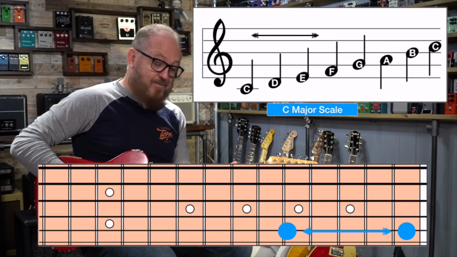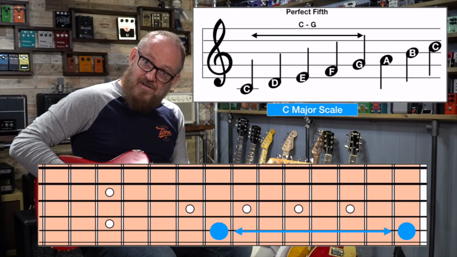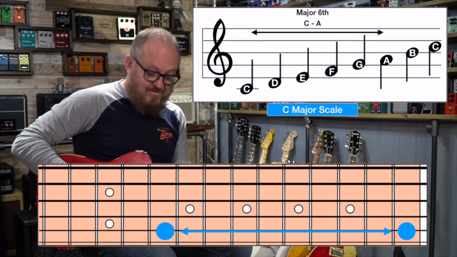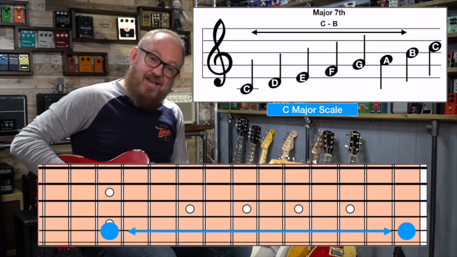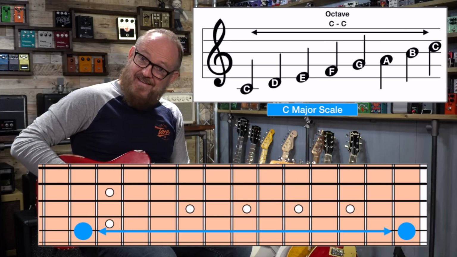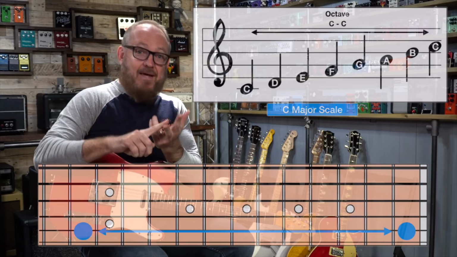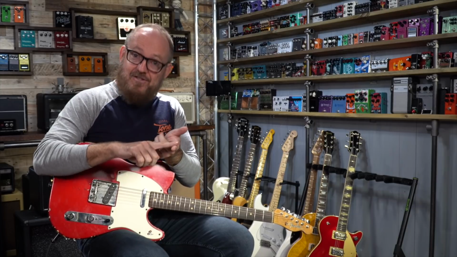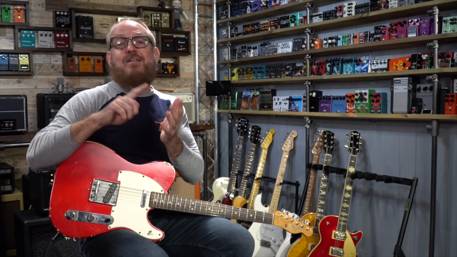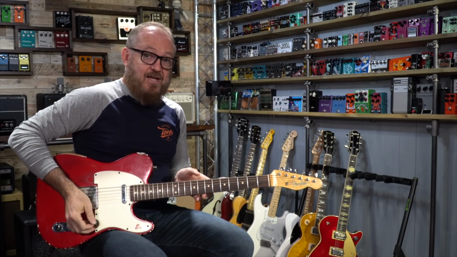Next interval, a perfect fourth, a perfect fifth, a major sixth, a major seventh, and there's the octave. So we have the tonic, a major second, a major third, a perfect fourth, a perfect fifth, a major sixth, a major seventh, and then back to the tonic, okay? And that gives us our C major scale.